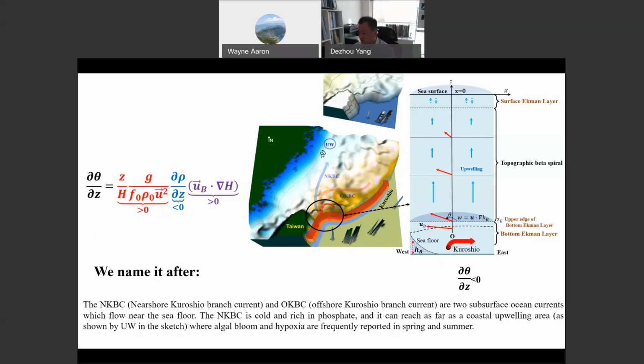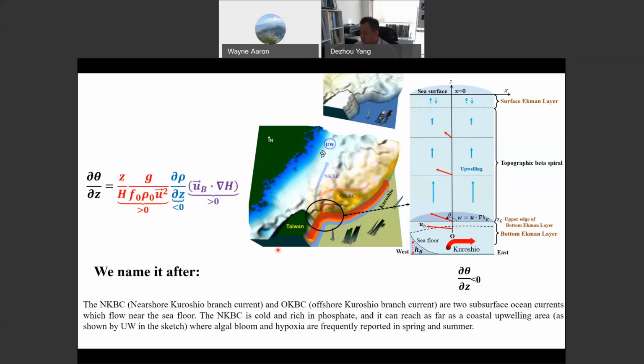So according to this relation, the Kuroshio branch current will show a pattern like this. It means deep water will intrude more shoreward, and the path of the branch current from the middle layer will shift seaward. So this relation tells us that the Kuroshio intrusion pattern will show a pattern like this.